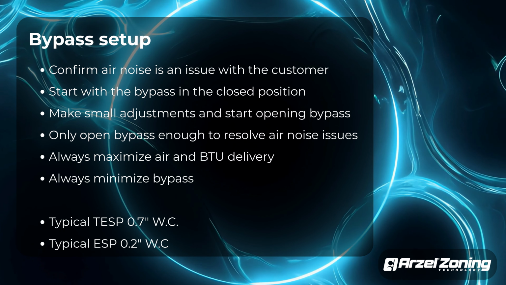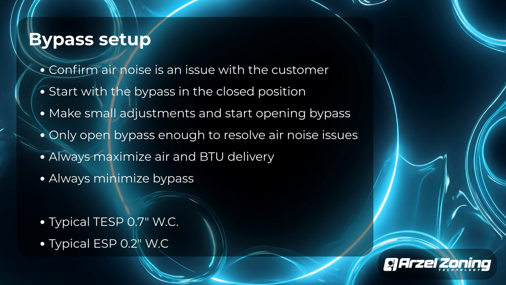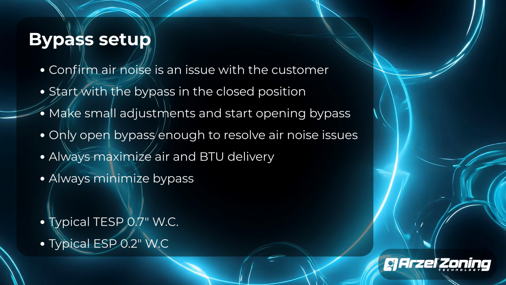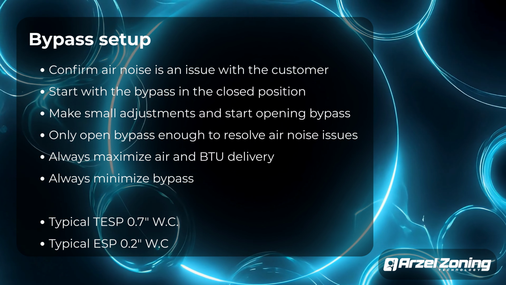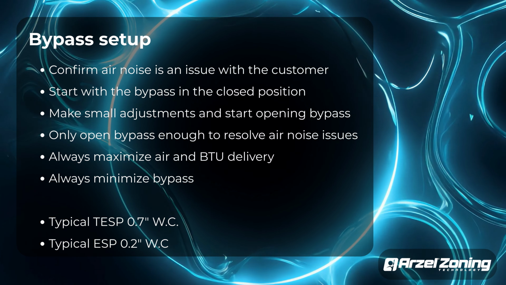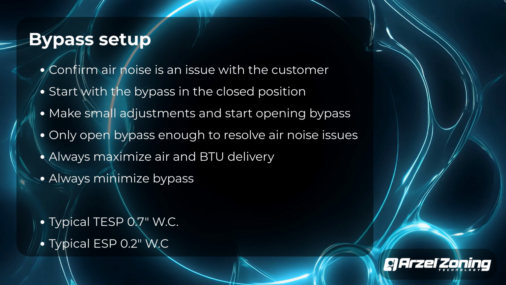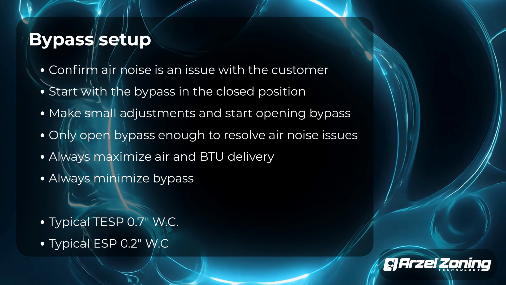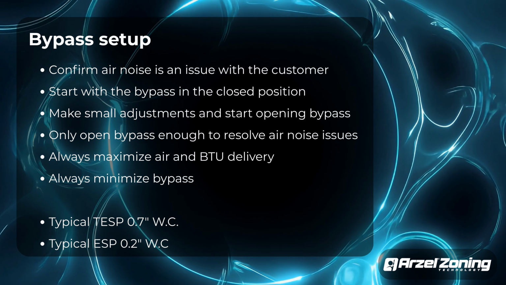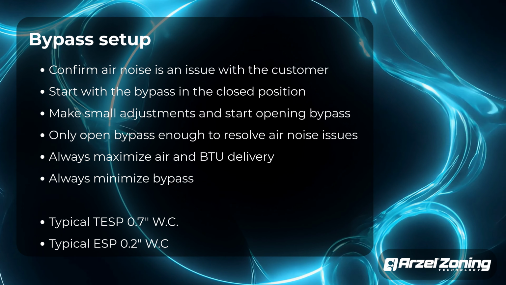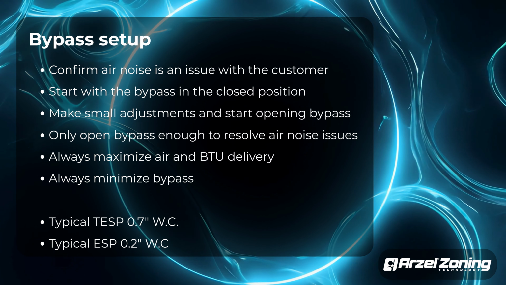Bypass setup, the first thing I recommend is confirm with your customer, is this zone noisy? And if they say yes it is, then you install the bypass. Once you install the bypass, you're going to start with the bypass in the closed position, and you're going to have your customer go into that zone, and you're going to say, I'm going to go adjust the bypass incrementally and open it a little at a time.